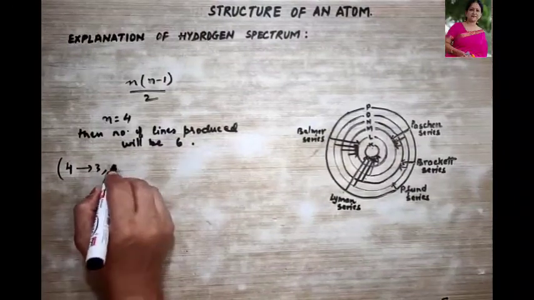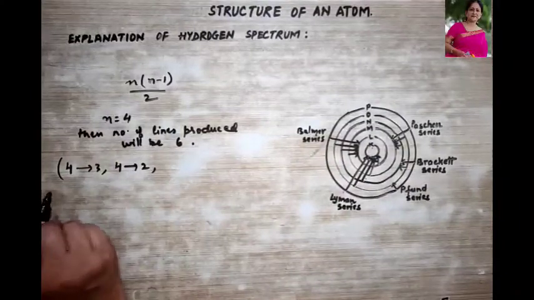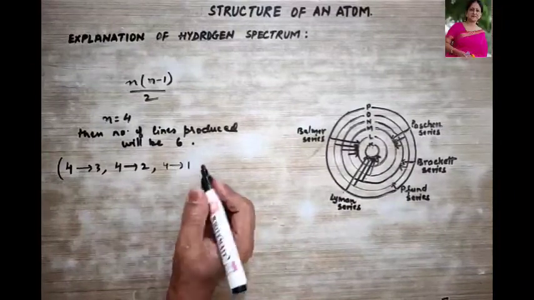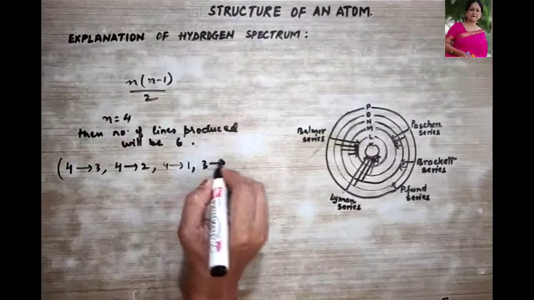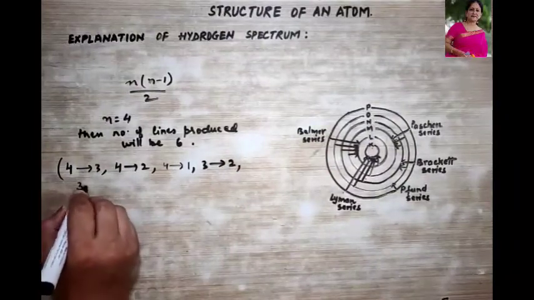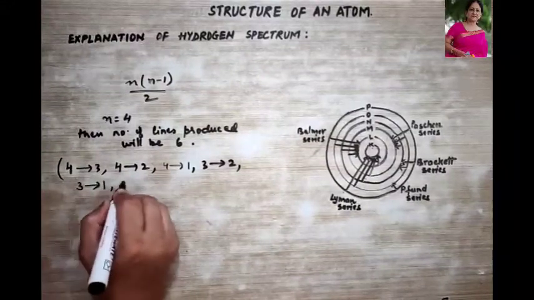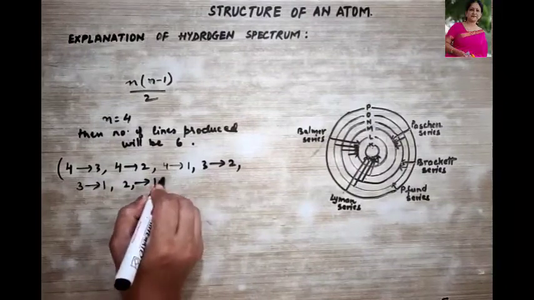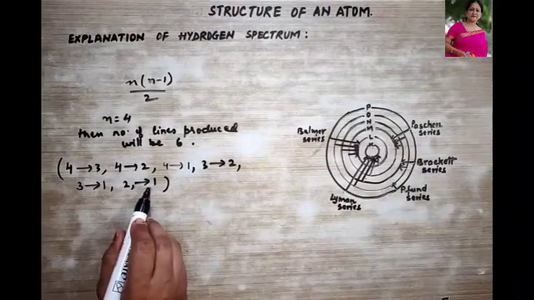Then the next one you will see 4 to 2. Then the next one will be 4 to the first shell. Then from the third shell, it will go to the second one. Then from the third shell, the electron will go to the first shell, and then from the second shell also it will move to the first shell. So how many? 1, 2, 3, 4, 5, 6.